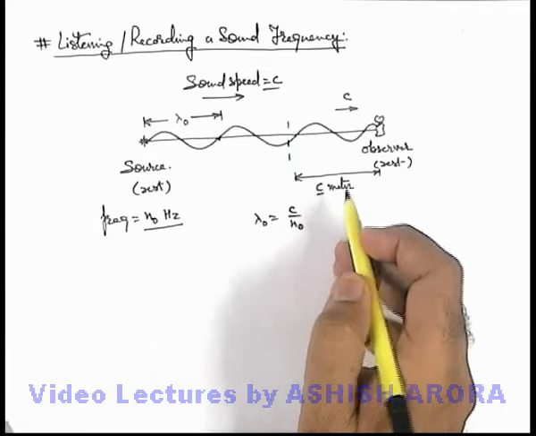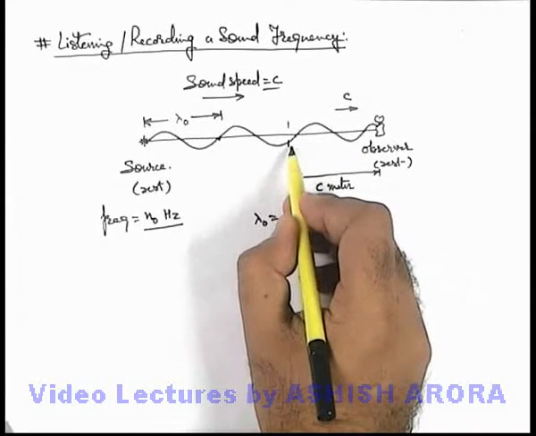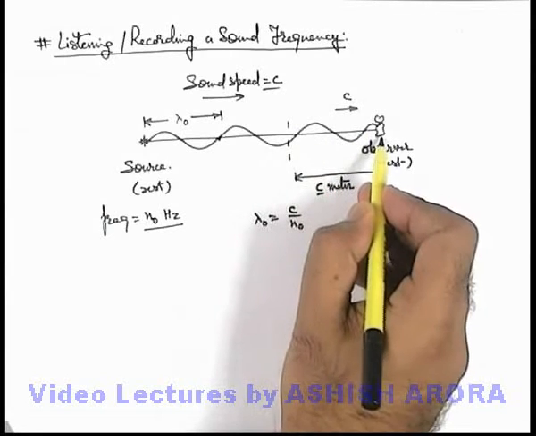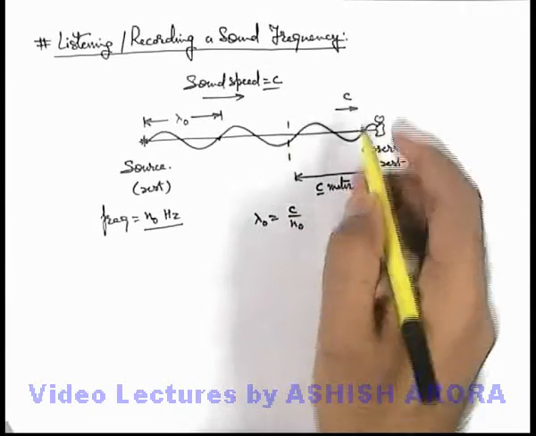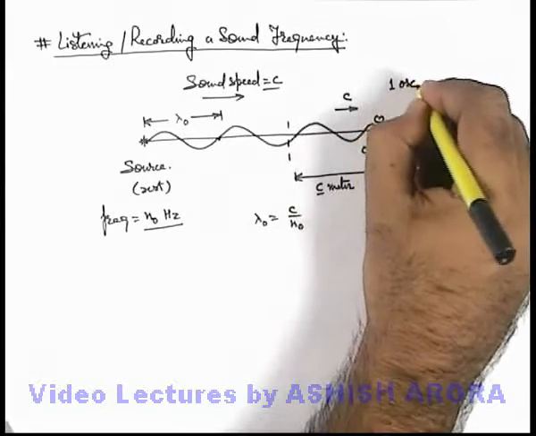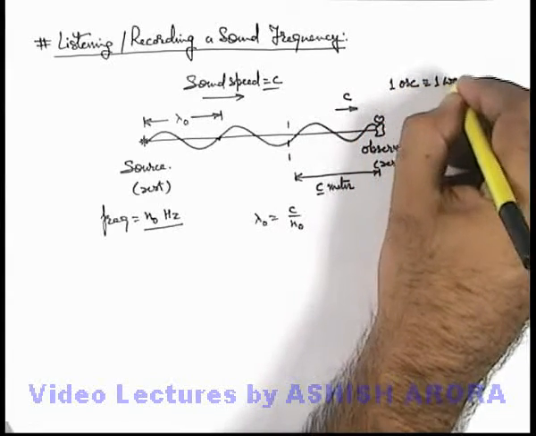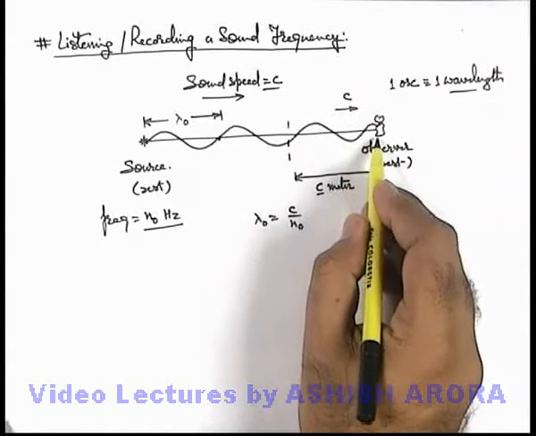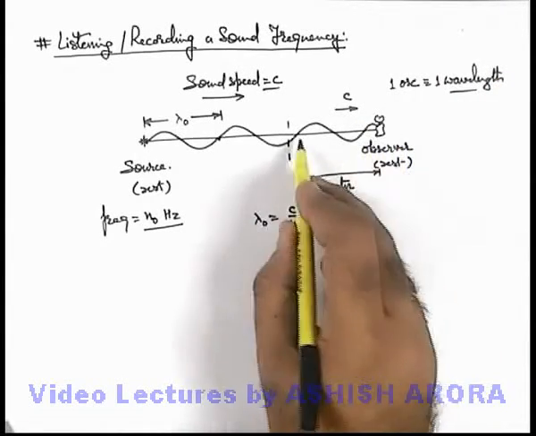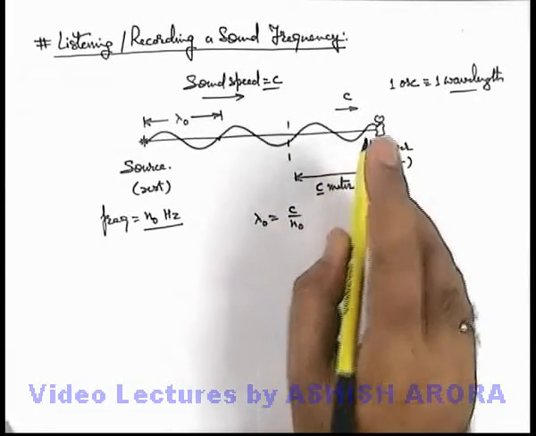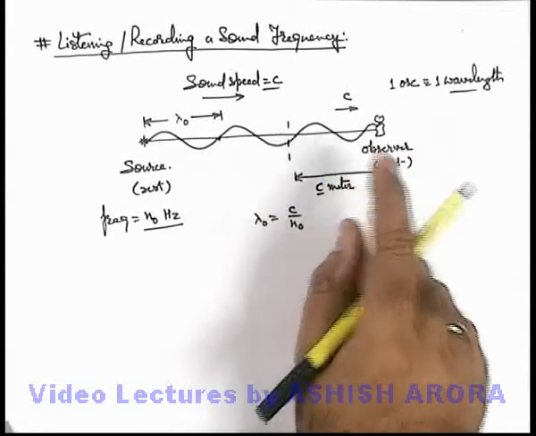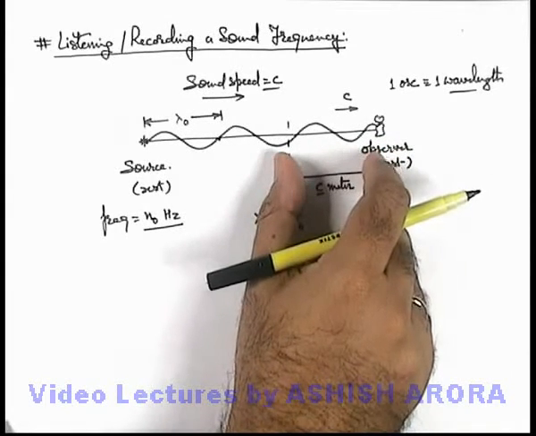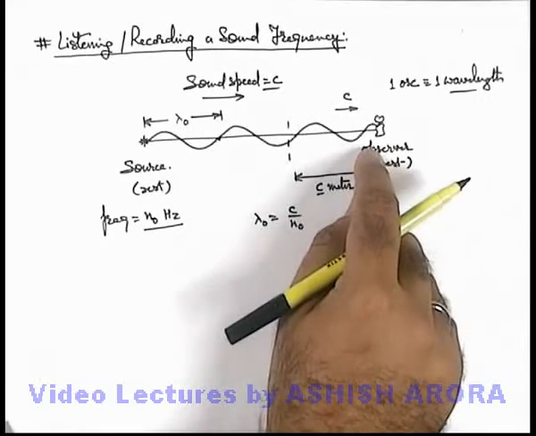That means in this particular length of c meter, whichever be the number of oscillations will be detected by the observer, because one oscillation is equivalent to one wavelength. So if we wish to find out the number of oscillations heard by the observer, that is equal to the number of wavelengths received by the observer in 1 second. That is the number of wavelengths received within c meter of length, because in 1 second c meter is covered by the wave.